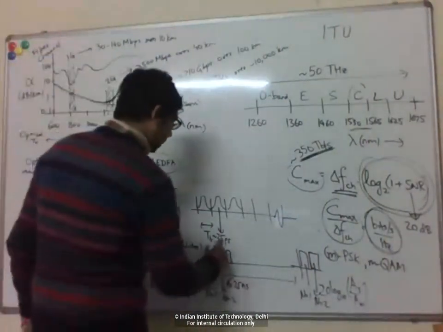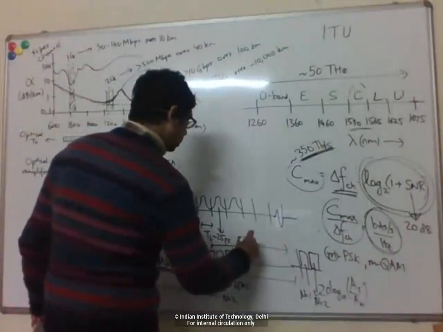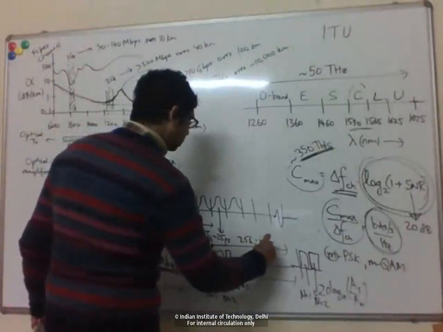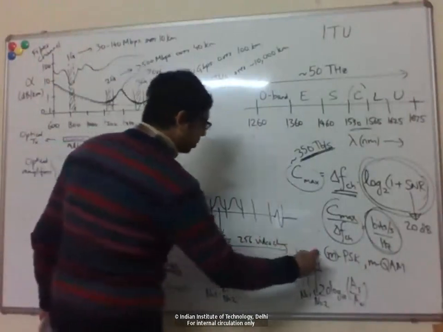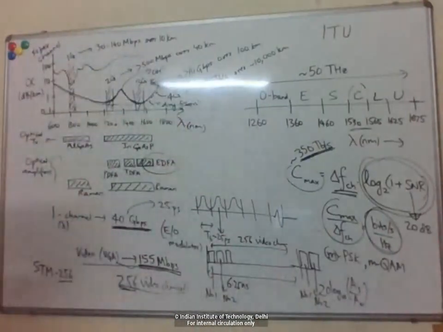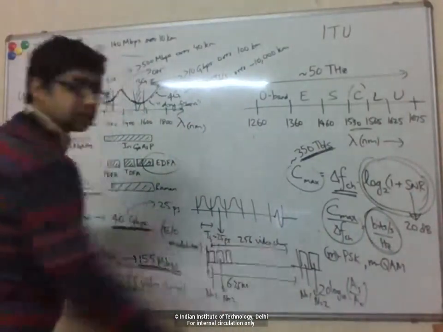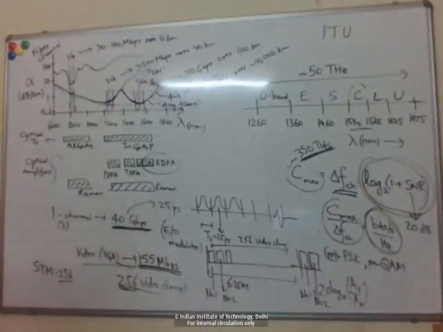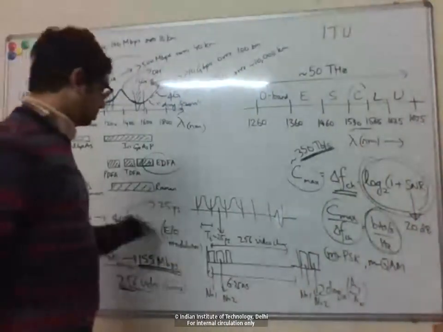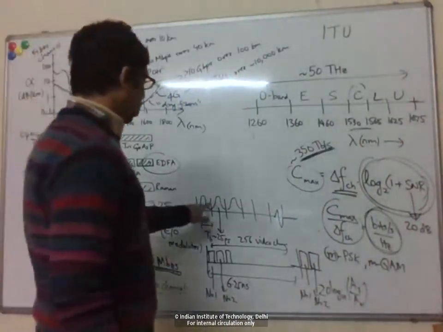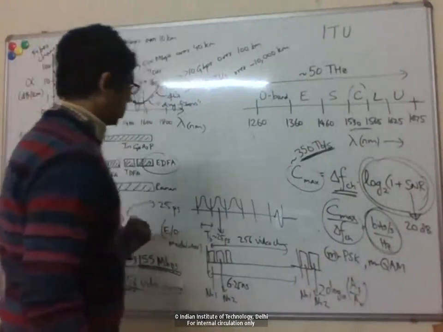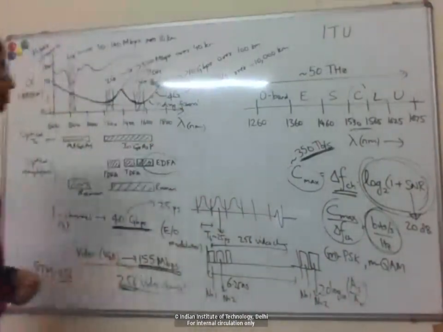And now you have the third set, so you'll have 256 video channels. So 1 bit for each channel, then the second bit for each channel, like that. This is basically time division multiplexing. So that's how data is sent currently on the optical fiber: simple on-off keying modulation, and then time division multiplexing.